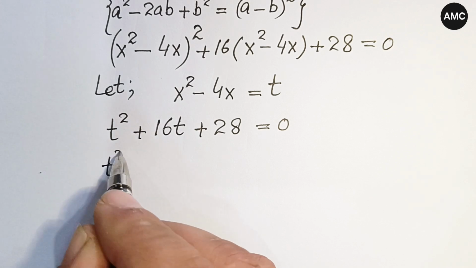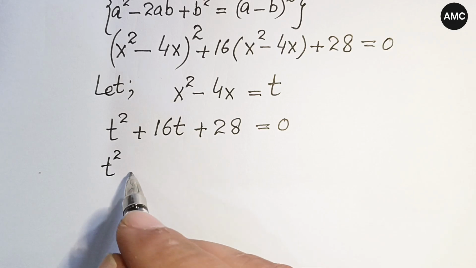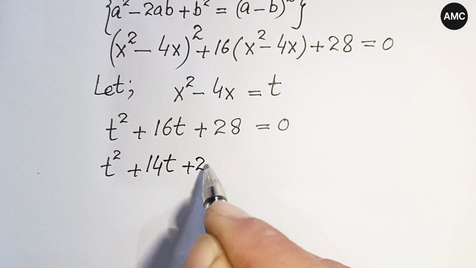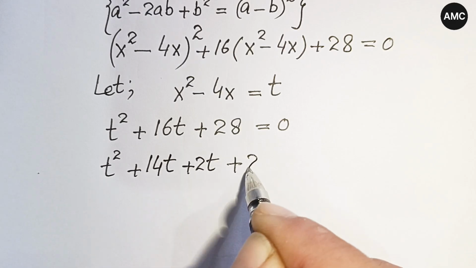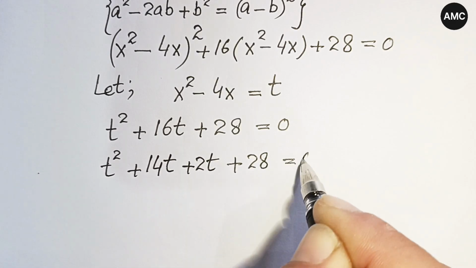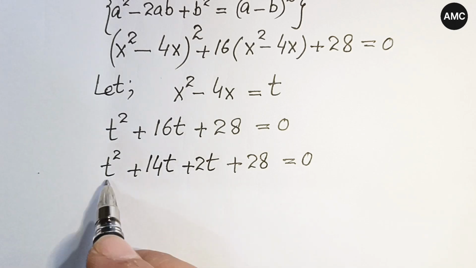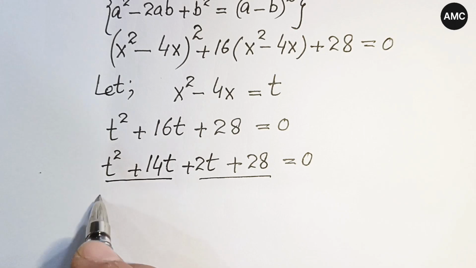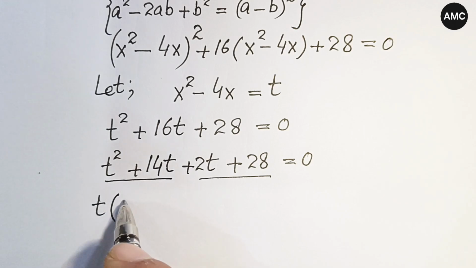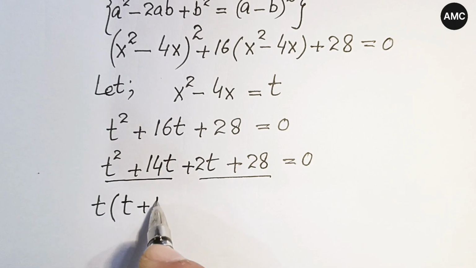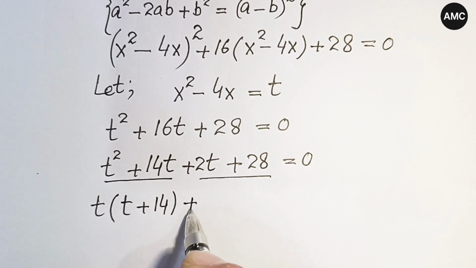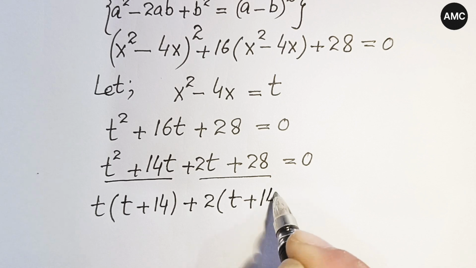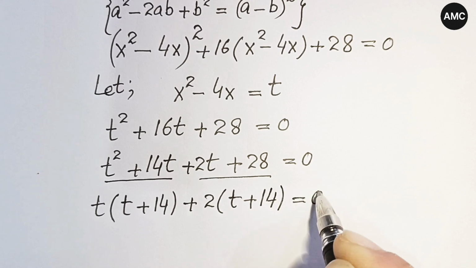So t squared, we can split this 16t like plus 14t plus 2t, which is equal to 16t, and plus 28 is equal to 0. Now it is our first pair and it is our second pair. Taking t common outside the bracket, we will get t plus 14, and here taking 2 common, we get t plus 14 is equal to 0.